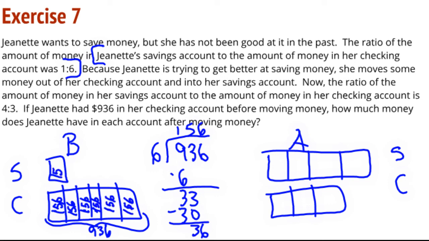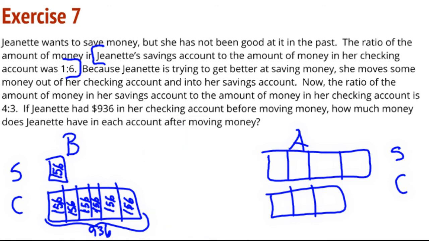Which means this unit right here is 156. And the amount of money hasn't changed. She still has the amount of money. So after she moves it, she's still got this amount of money. The values will remain the same.